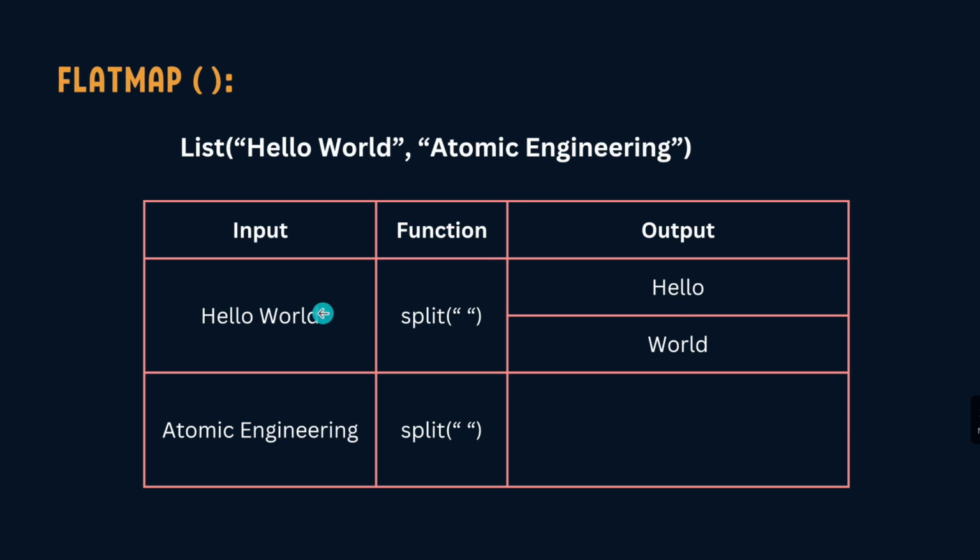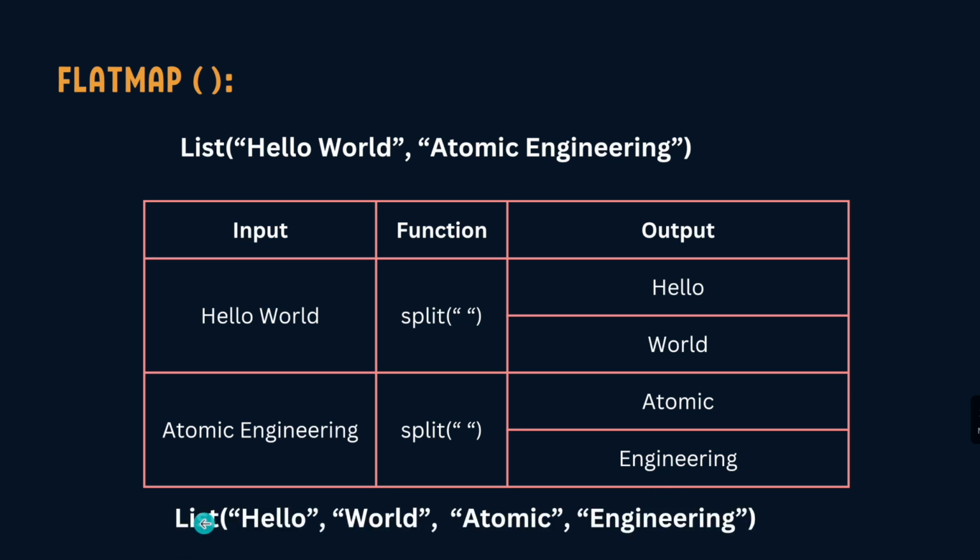So hello world, which produced an array of hello and world with the map function, has been flattened into hello and world. The same way atomic engineering will be split into atomic and engineering, but the result is again flattened. So for the input containing two elements in a list, we are going to get an output with four elements. So flat map can produce a different number of elements for each input element. So the result is going to be again a list with four elements: hello, world, atomic, and engineering.